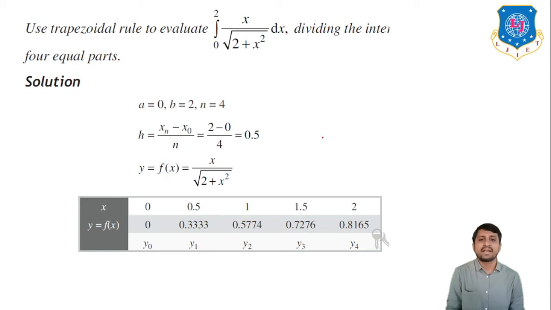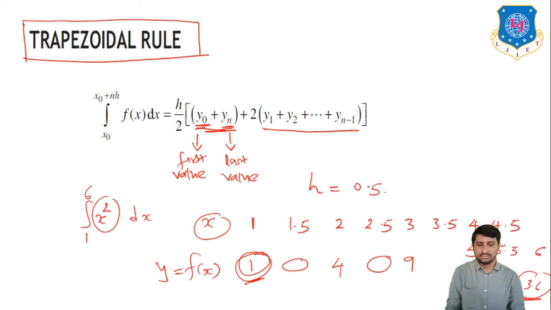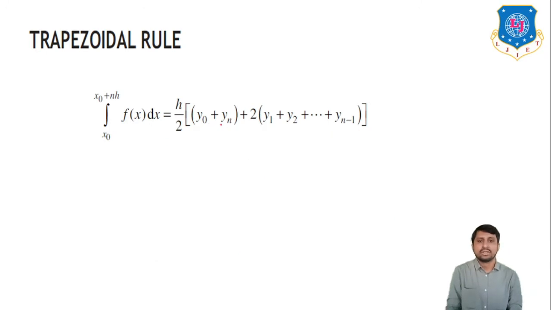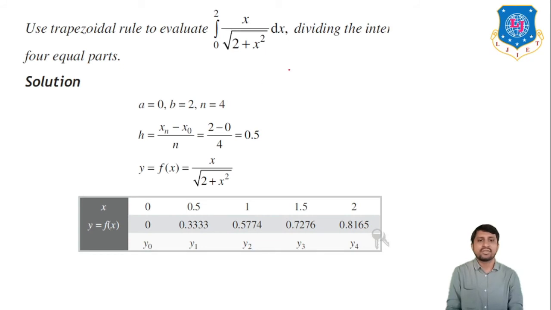Now what is my trapezoidal rule? H by 2, y0 plus yn. Suppose I want to apply trapezoidal rule here, where y equal to f of x.